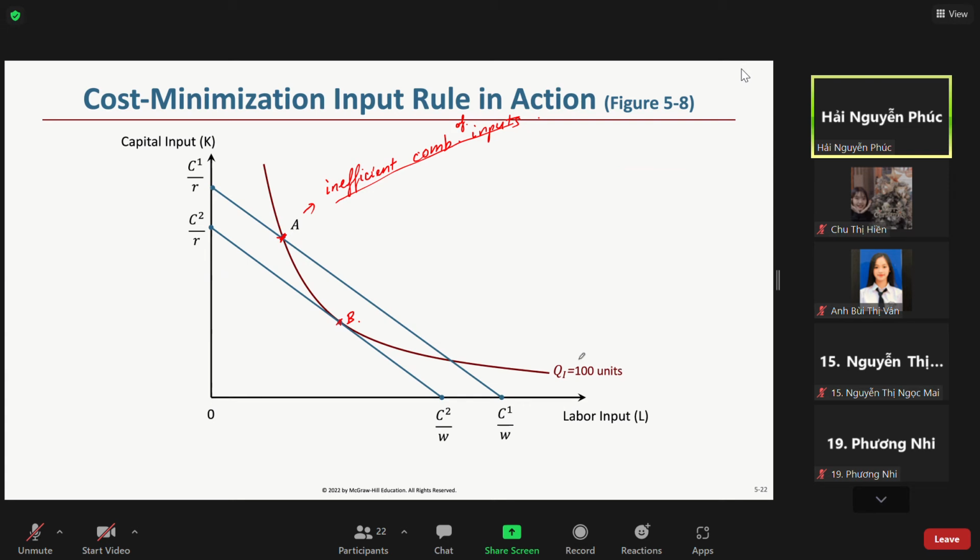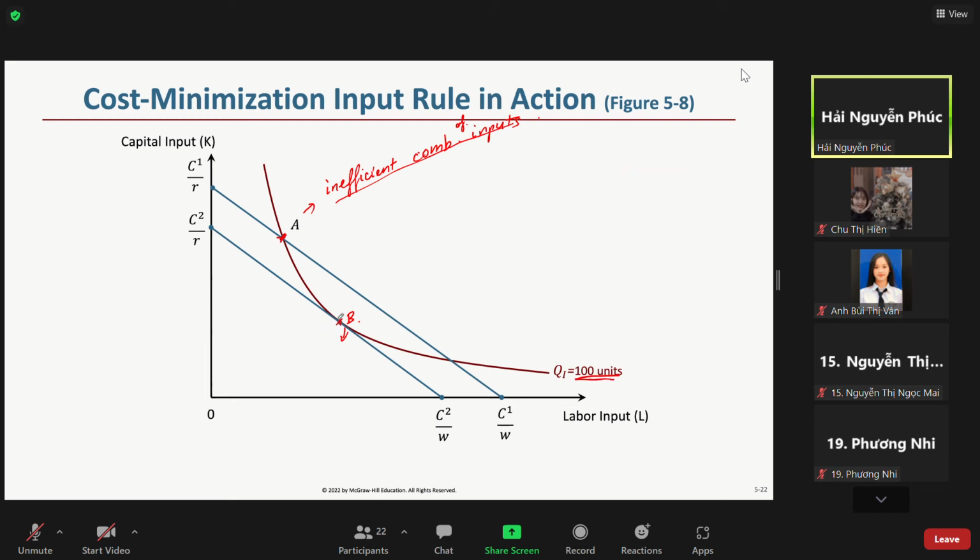At point B, it gives the firm the same output, because point A and point B are on the same isoquant, which gives them the output of 100 units.